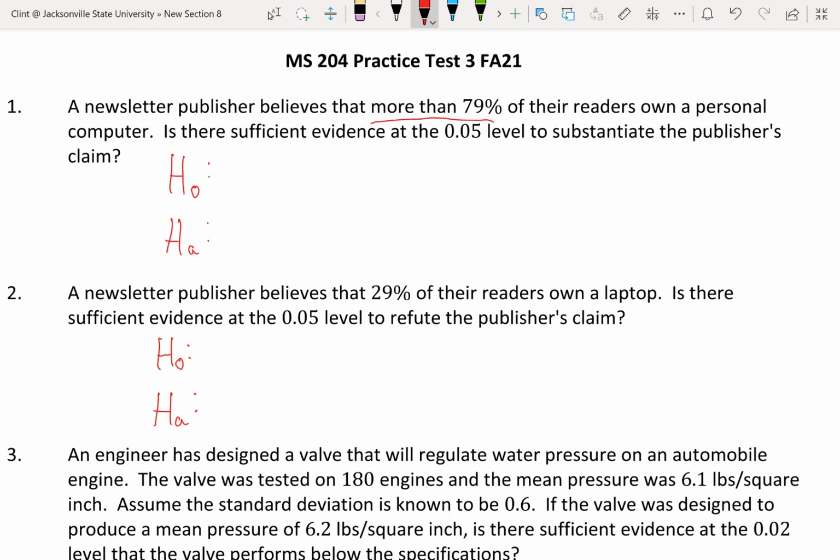Since it's a percentage, it's a proportion, and so our symbol would be P. Our claim is that P is more than 79%, or 0.79. And then for the null hypothesis, we would use equal to 0.79.